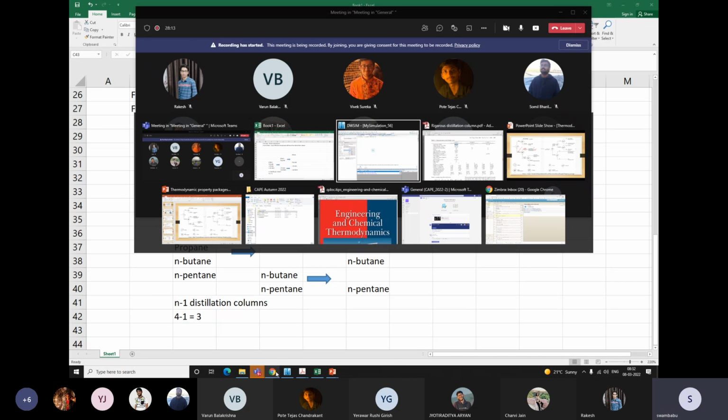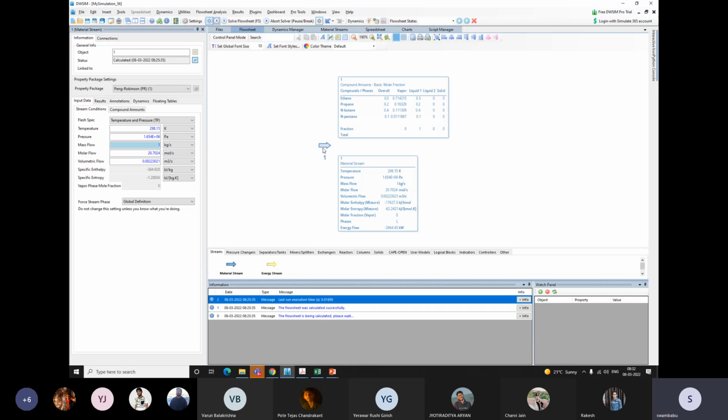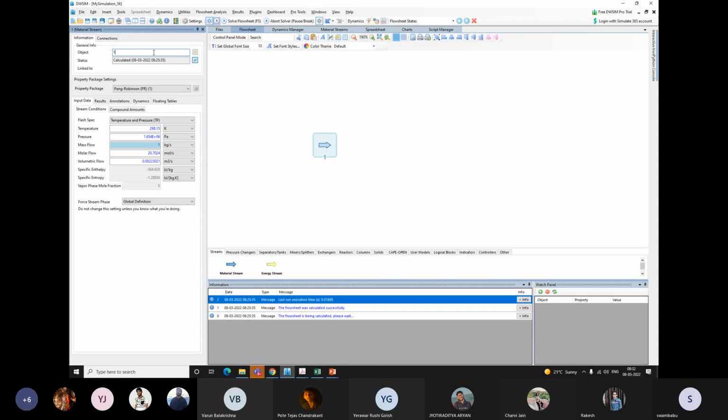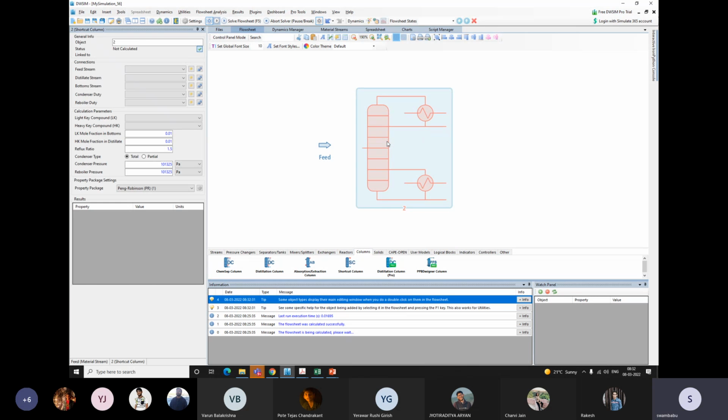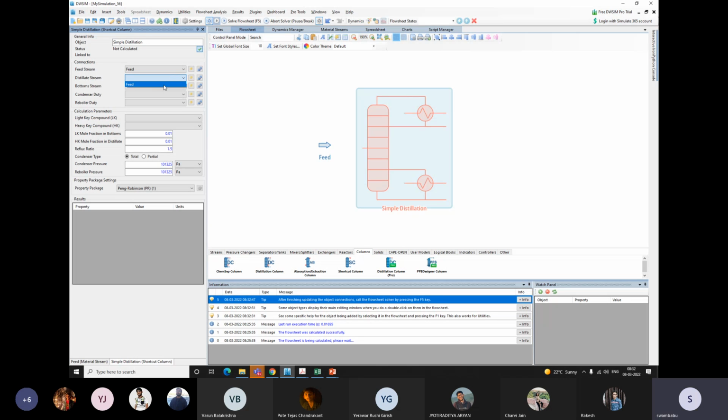So let's see. This is the feed stream. Columns, shortcut column, or simple distillation column. So simple distillation: feed, distillate.